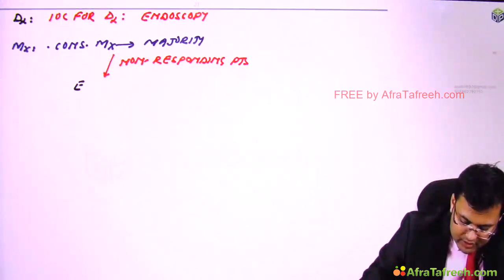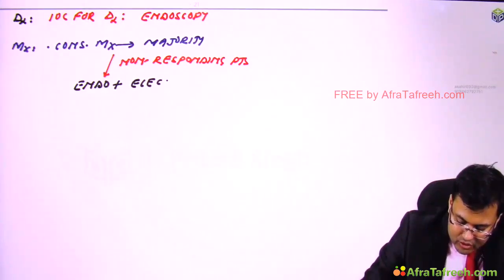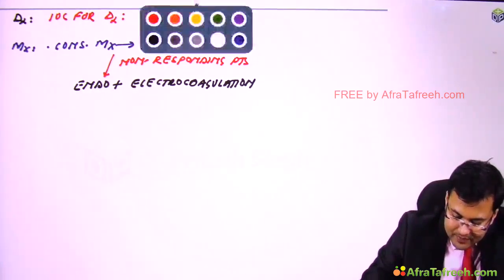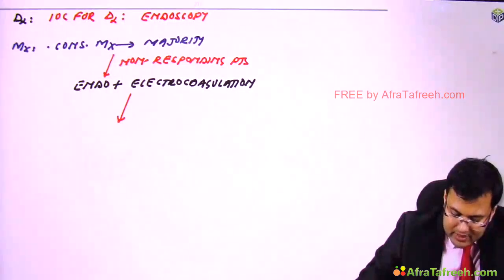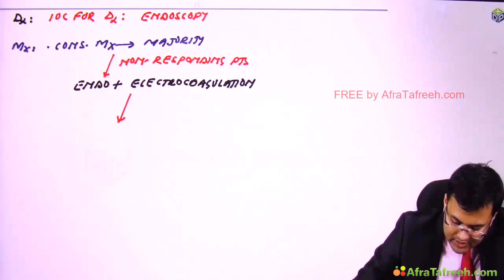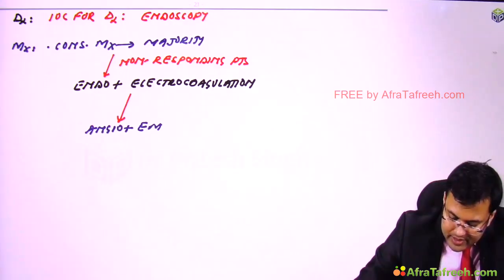We go for endoscopy plus electrocoagulation of the bleeding vessel. If it's not available or failed, in that case we go for angiography plus embolization.